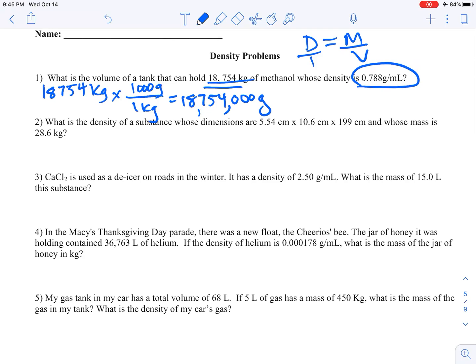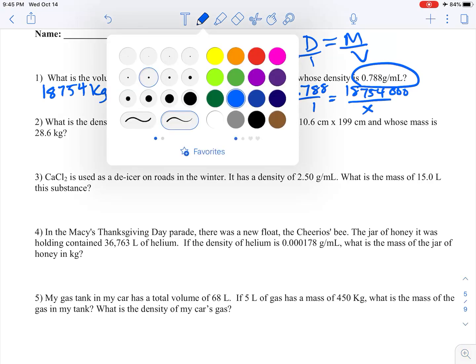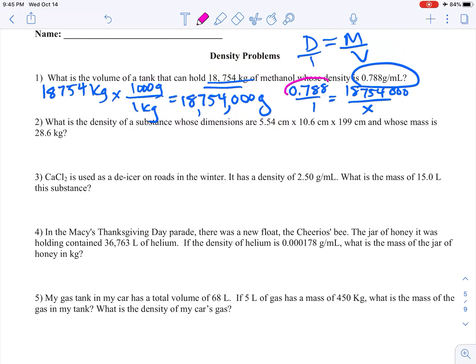So density is 0.788 over 1 equals 18,754,000 over V or X, which means you're going to multiply these. So remember, cross multiplication, you're going to multiply those, and then it's going to be equal to those.